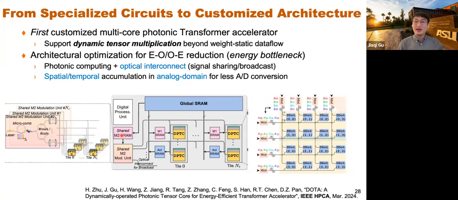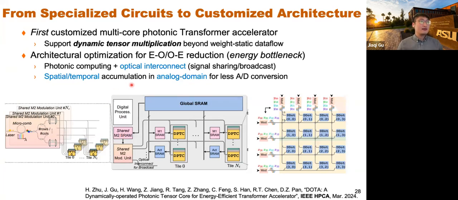You can also use 3D stacking in terms of packaging. The SRAM, the electrical part, is directly on top of the photonic circuits in a 3D stack, so the memory and control circuit are very close to the photonic circuit itself. We can further reduce the data movement cost.